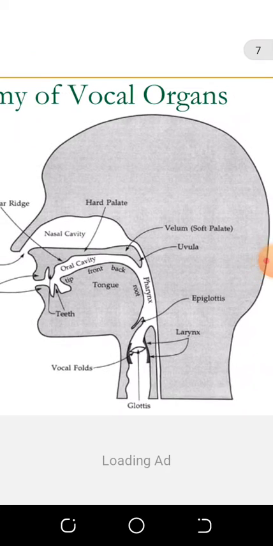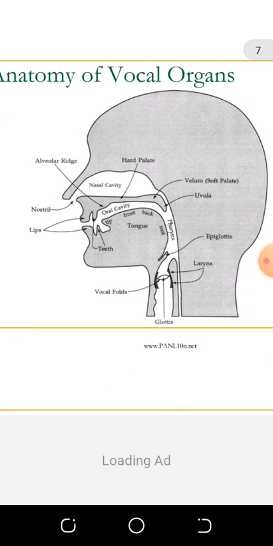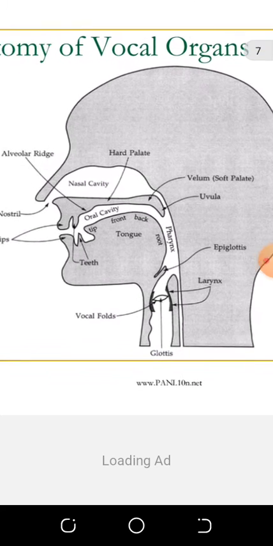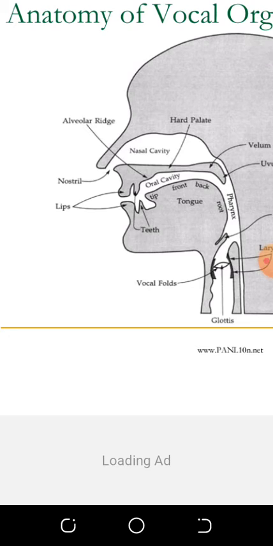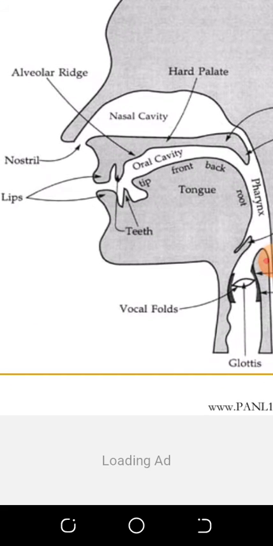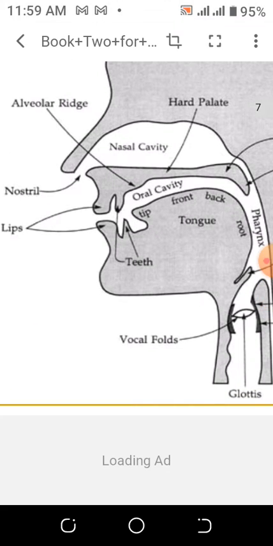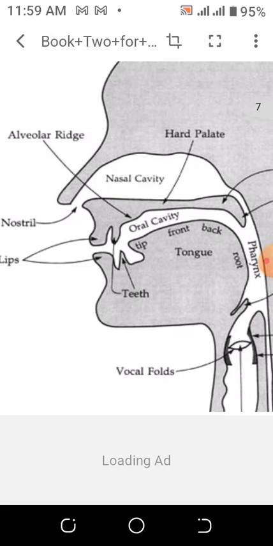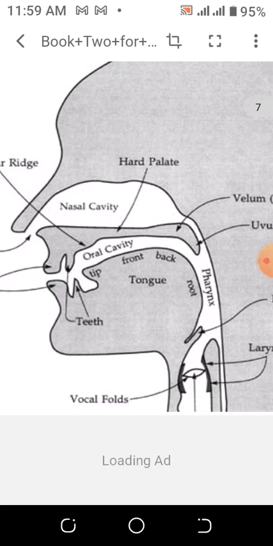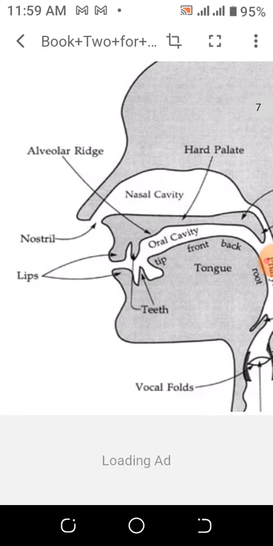First of all, this is the skull and the anatomy of the vocal organs, and in these vocal organs different names have been given that tell us where different sounds are generated. Number one, you can see the nose and the nasal sound. You can see the lips, the teeth, the oral cavity, the tongue, the nasal cavity, and the hard palate. Along with that, the alveolar ridge.